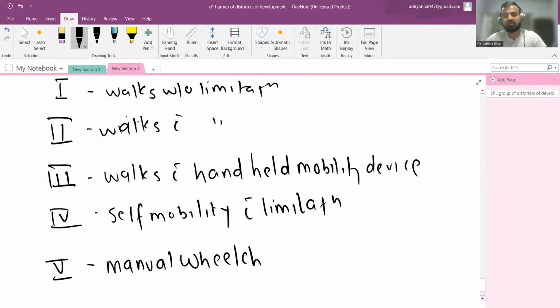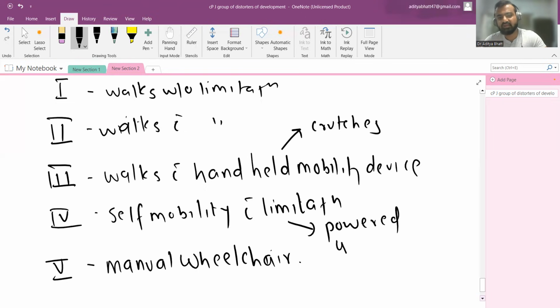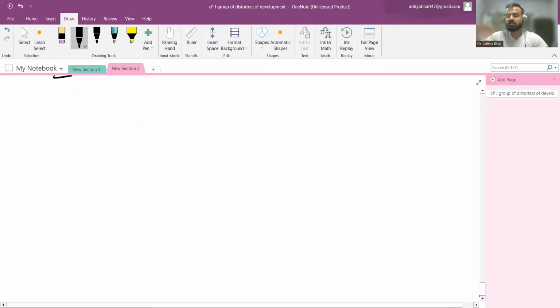In class 4, it is like the special powered chair that Stephen Hawking had. So in class 3, you remember crutches. In class 4, powered wheelchair. And in class 5, someone else is pushing you in the wheelchair. So these are the classifications of the GMFCS score.